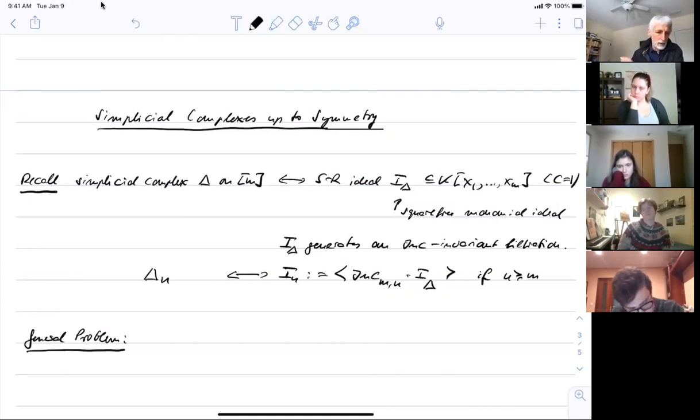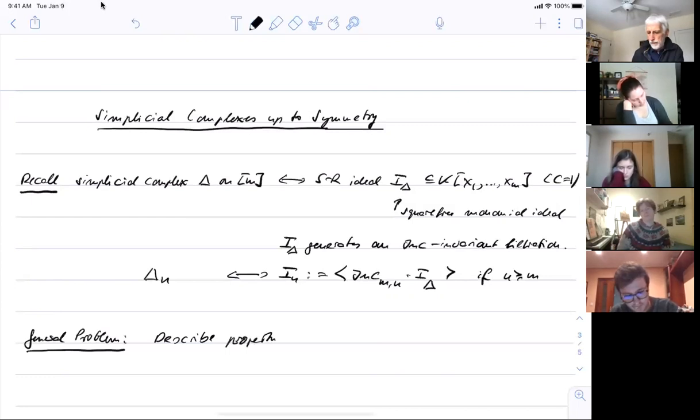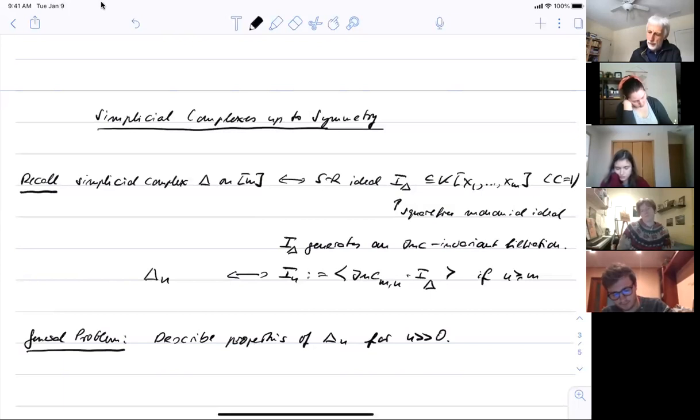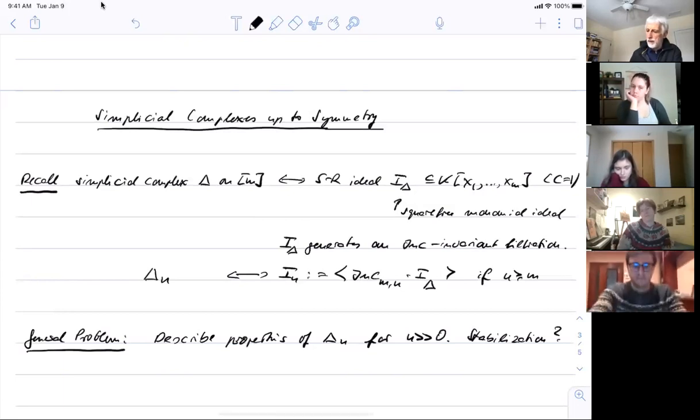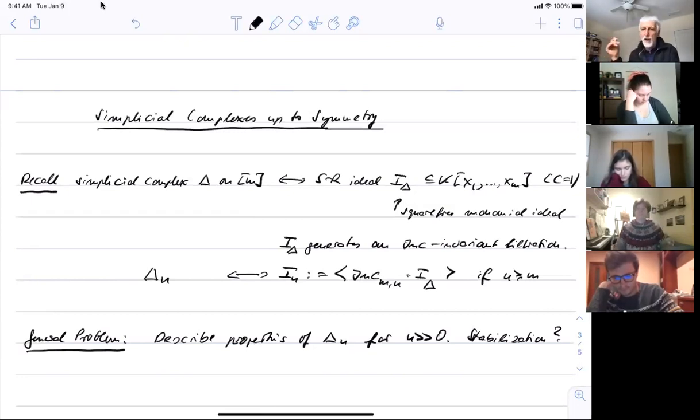Or a little bit more precisely, can we say something about properties of the simplicial complexes delta n if n is sufficiently large? Again, is there some stabilization of properties? So if we are far enough out in the sequence, can we predict what happens afterwards?